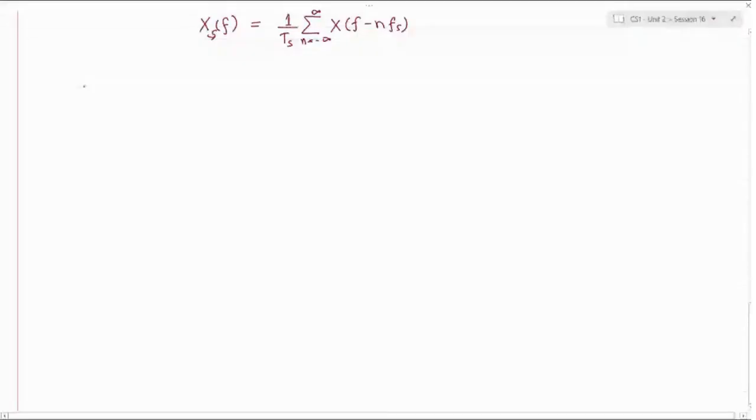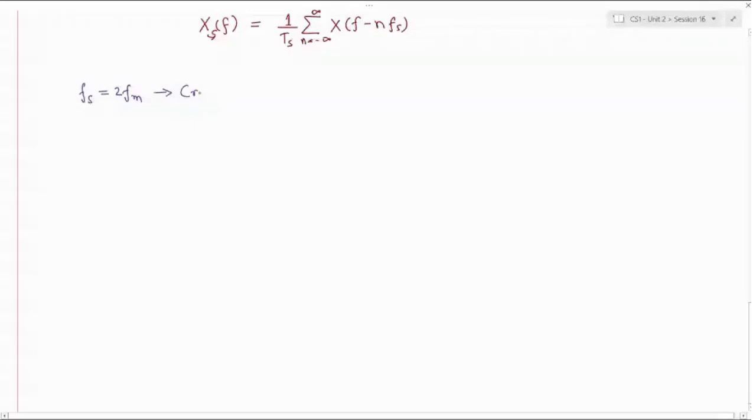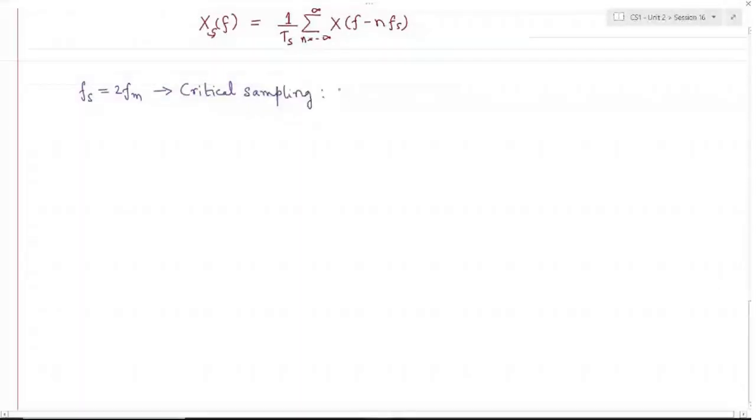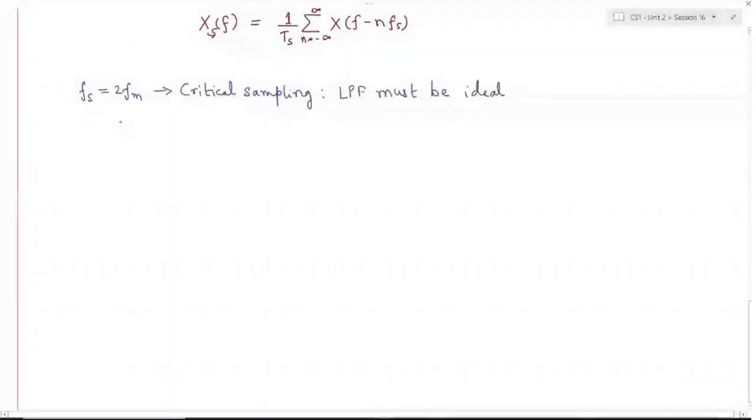Say for fs exactly equal to 2fm, this is the case of critical sampling. In case of critical sampling, the problem is that the LPF, or the filter, must be ideal. And hence we will not be looking for the exact Nyquist rate.